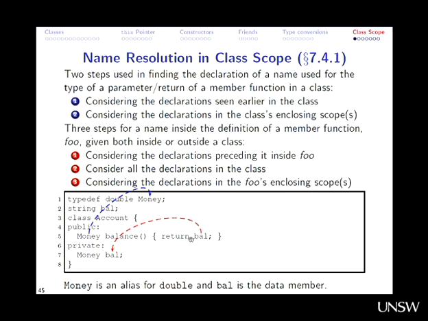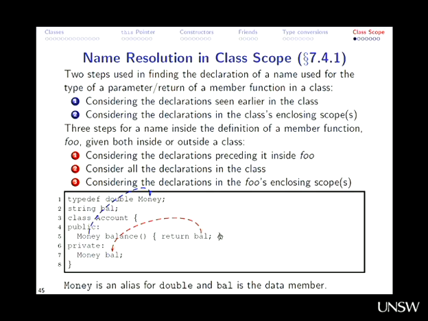This return bal at this point works, even though bal is not declared until after that return type. Normally in C this would spit out an error at this point, but C++ is slightly different. This return bal is not in local scope. Local scope is between those two braces there.